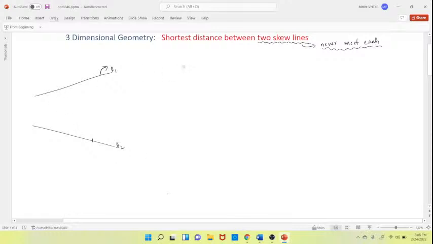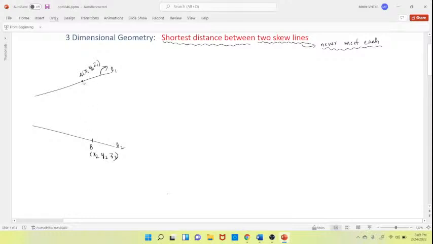We need to find the shortest distance. And we know that the shortest distance between two lines is nothing but the perpendicular distance between the two lines. So suppose there is a point A whose coordinates are x1, y1 and z1, which is present on line L1, and there is one more point, say B, whose coordinates are x2, y2 and z2.